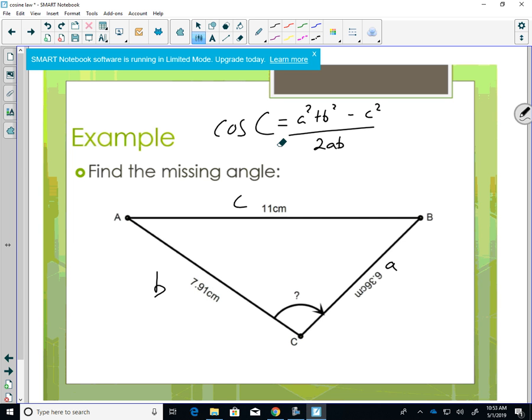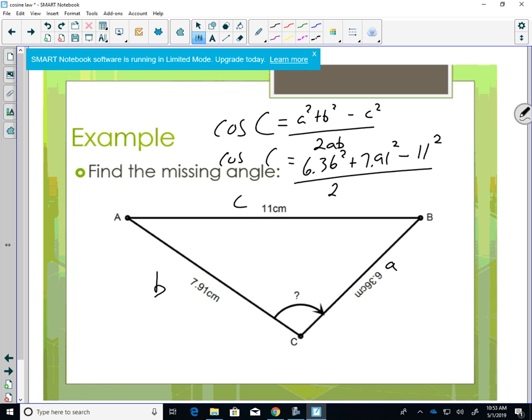Okay, so let's fill in what we do know. Cosine C is equal to a squared. A is 6.36, plus b, which is 7.91 squared, minus c, 11 squared, all over 2 times.